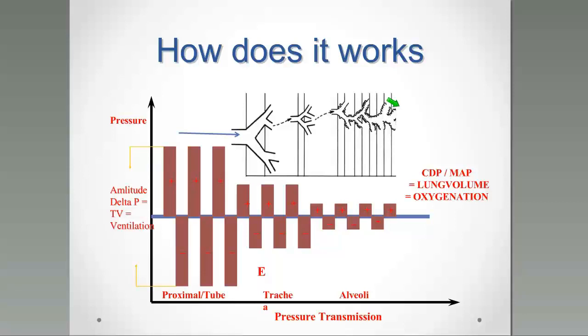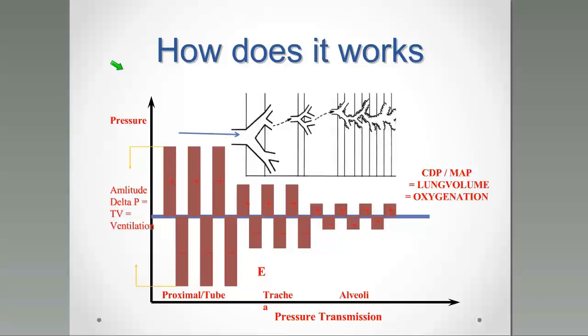This is one of the reasons why during high frequency ventilation in very premature babies, who have these very short lungs, the transmission of the pressure is very fast and very easy. So we can use very low tidal volume, low delta P, and low mean airway pressure to handle this kind of patient.